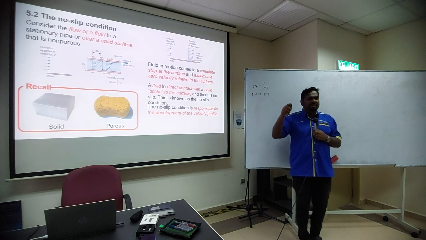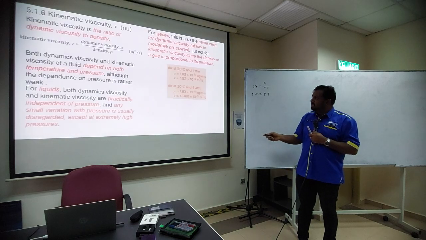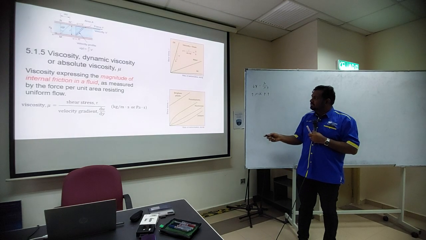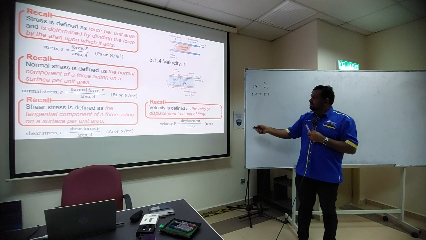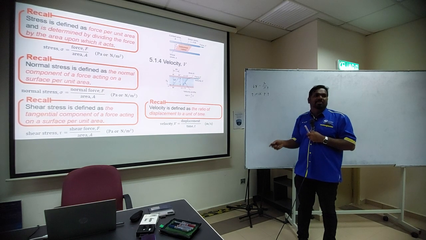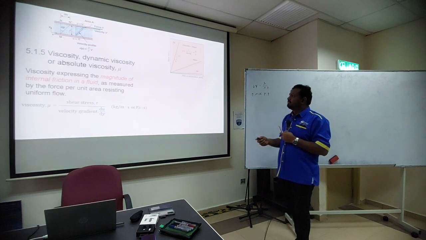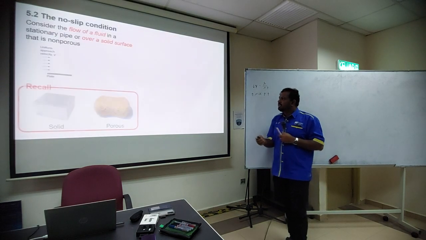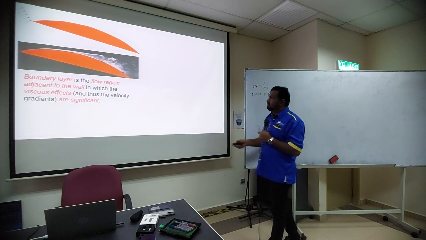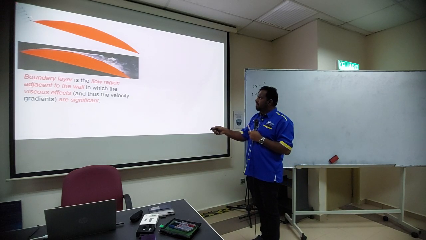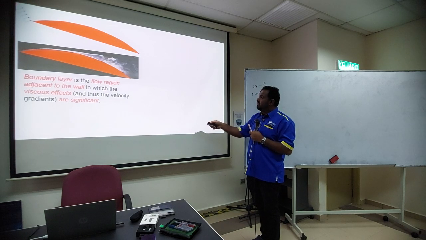Earlier we have seen the velocity profile in the previous slides. This velocity profile happens because of the no slip condition. You can see you have a solid body here, and you have a fluid flowing.